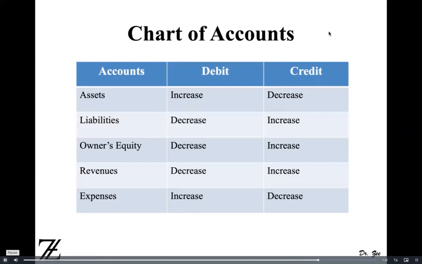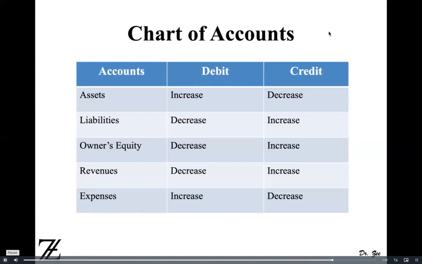Owner's equity is the same thing, works just like liabilities. When it increases, we credit. When it decreases, we debit. So if we issue common stock, we have more stock in the company, and we will have to credit it because our owner's equity is increasing.